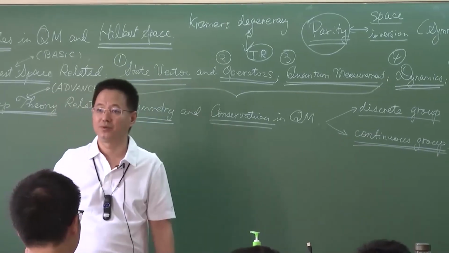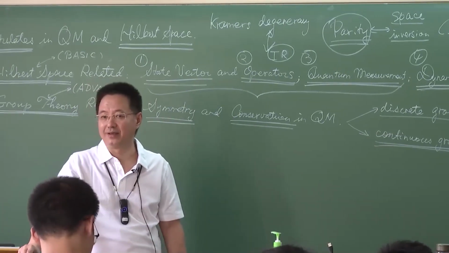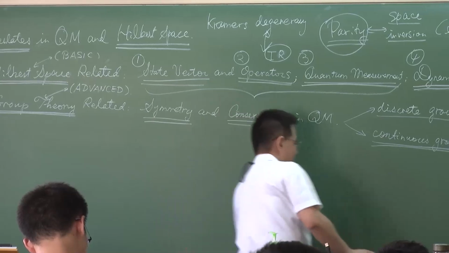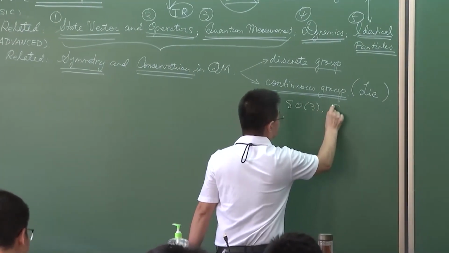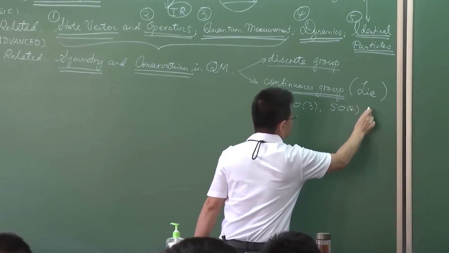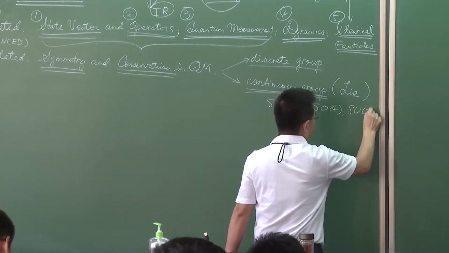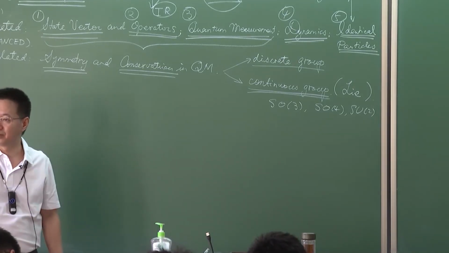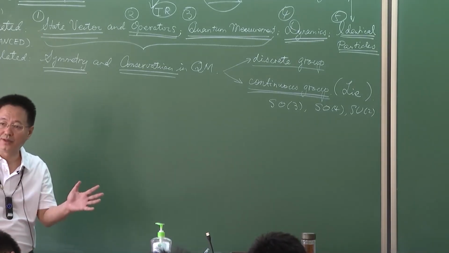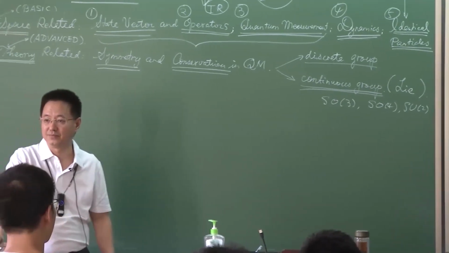What kind of Lie group? You have the SO3 and SO4 groups. And also, you have the SU2 group. So they are all Lie groups. And they are all related to the angular momentum. That's very important.